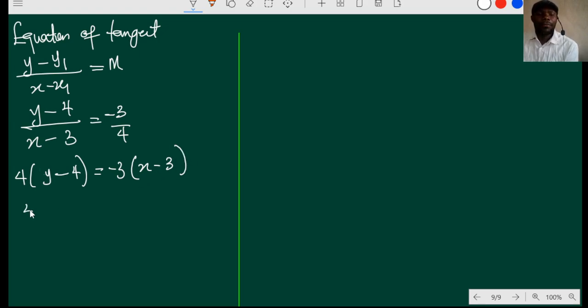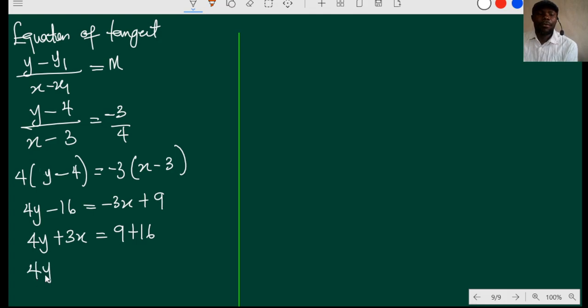So we have 4y minus 16 is equal to minus 3x plus 9. So making 4y plus 3x is equal to 9 plus 16. Making 4y plus 3x is equal to 25. So that is the equation of the tangent for method 1.